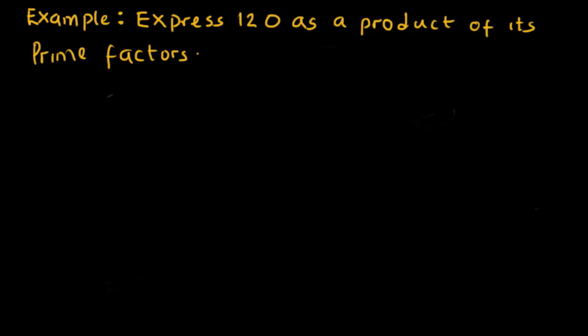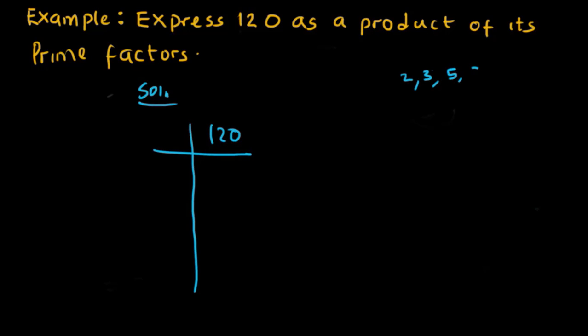Let's take one more question. Express 120 as a product of its prime factors. So let's do this. We divide 120 by the prime numbers. Remember, 2, 3, 5, or 7.